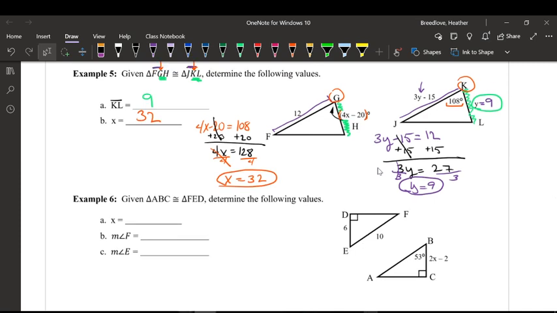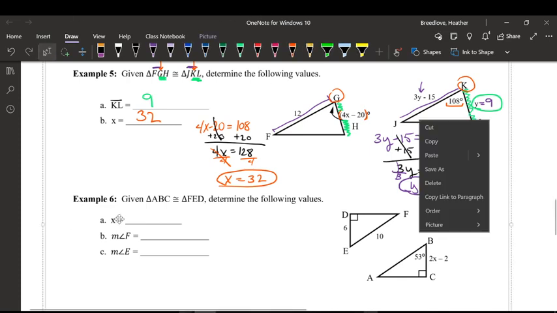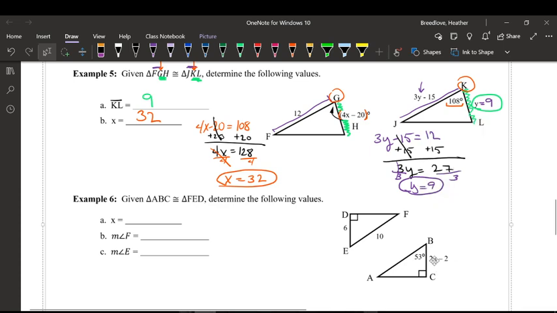Okay, example 6. Given triangle ABC is congruent to triangle FED, determine the following values. I want to find x. Here's x. It's on the outside, so it's a side length, BC.